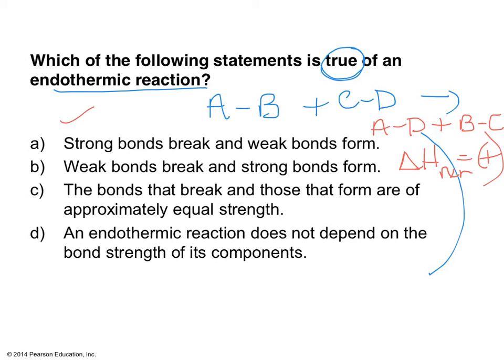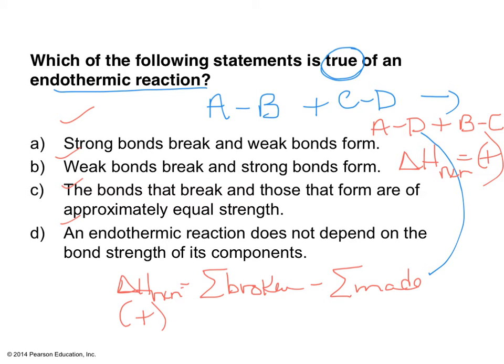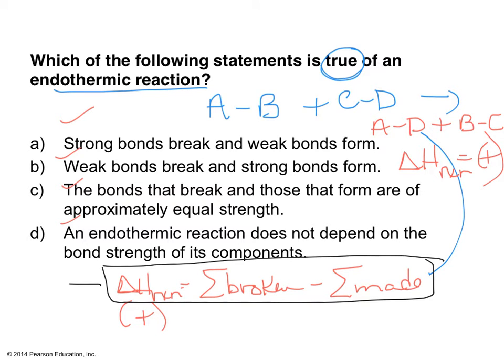What does that mean? Which of these do you think would hold true? So pause the video for a minute, see if you can think your way through that, and if you can, great. If not, I will explain it in a moment. Here's a hint, first of all. Here's the equation where we use bond energies to figure out enthalpy of a reaction. So if the enthalpy of a reaction is endothermic, which is what this question is asking, that means delta H reaction has a positive sign.